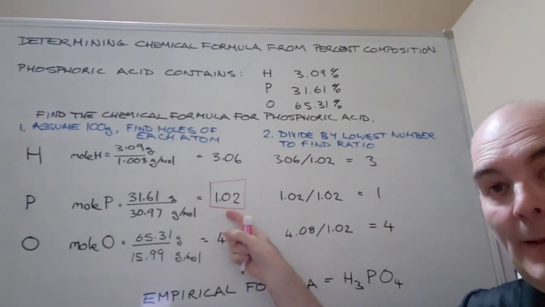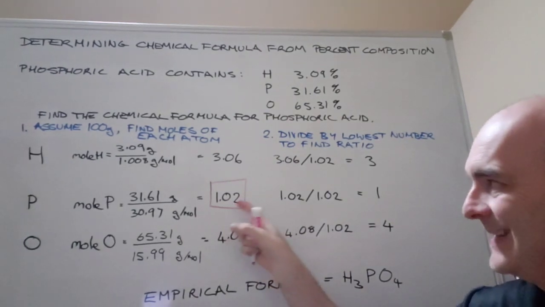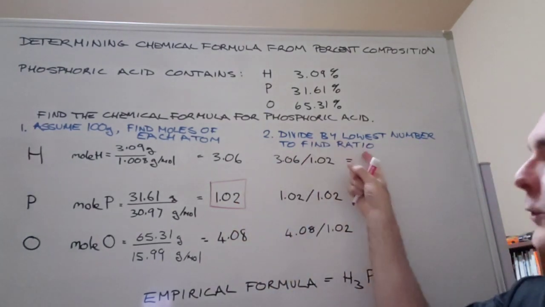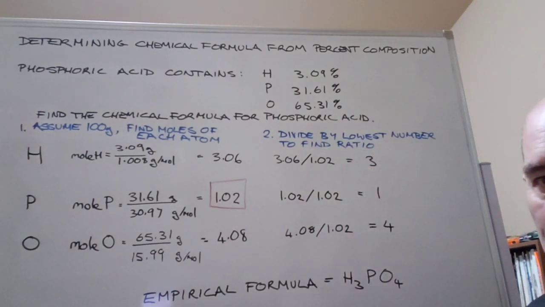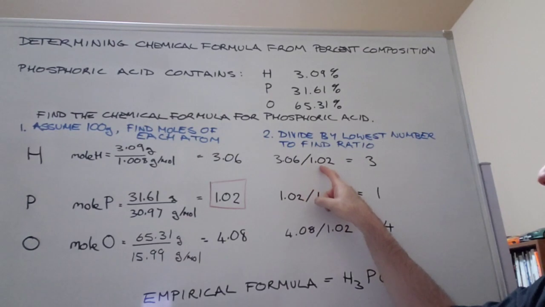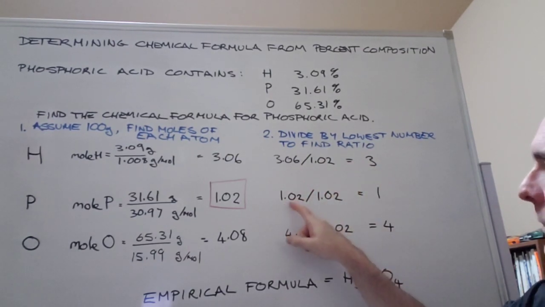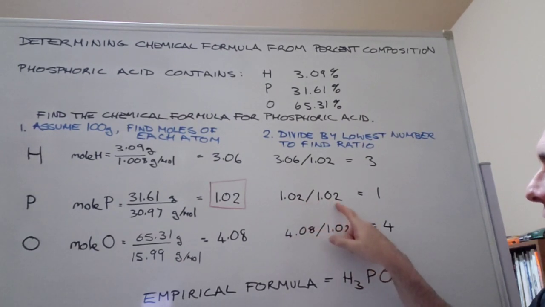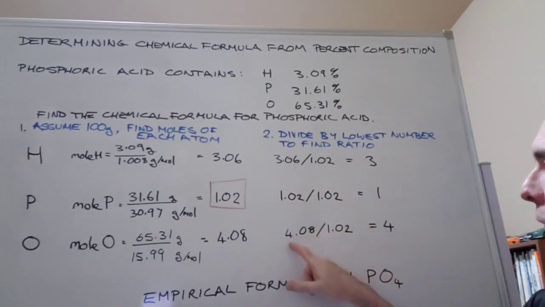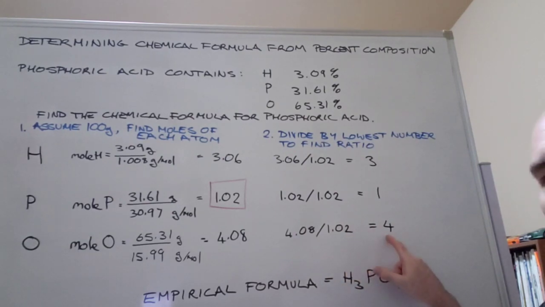I'm going to take that number and I'm going to divide all of the numbers by this number, and that will give me the ratio. So 3.06 divided by 1.02 is 3. 1.02 divided by 1.02 is 1. 4.08 divided by 1.02 is 4.